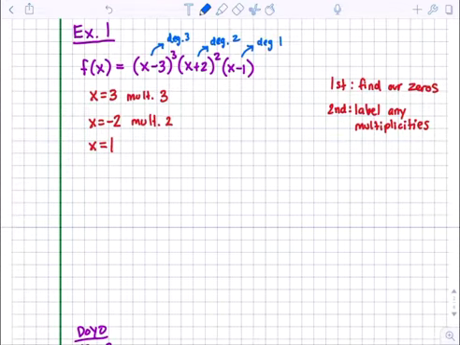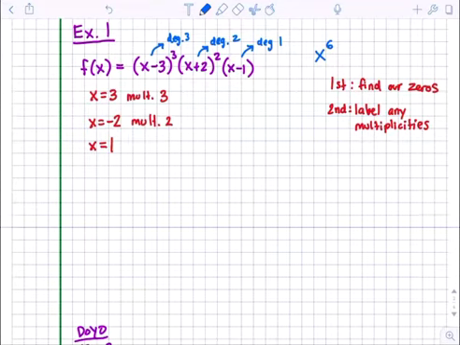So, in total, we have this leading variable, it's going to be x to the 6. I'm basically adding all my degrees together and noticing that this is going to give us x to the 6.